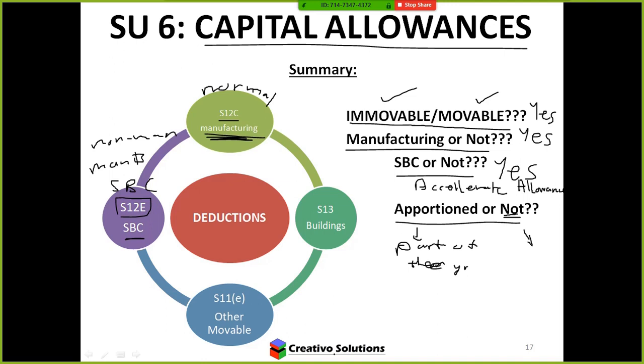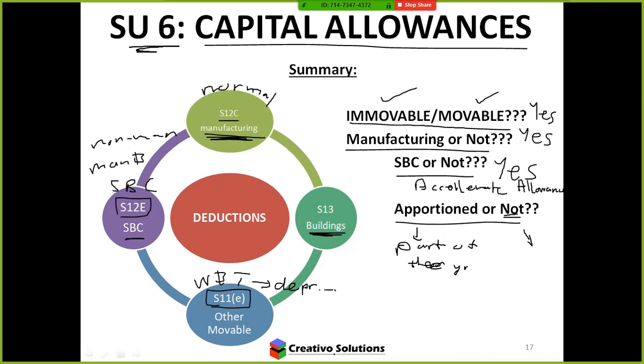Section 11E is for other movable assets. That's wear and tear, another word for which, in terms of accounting, is depreciation. Section 13 covers all these building allowances.